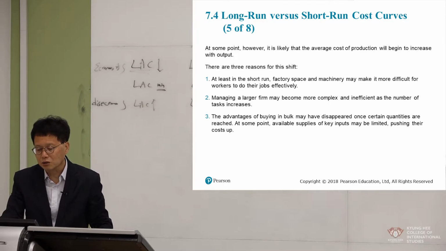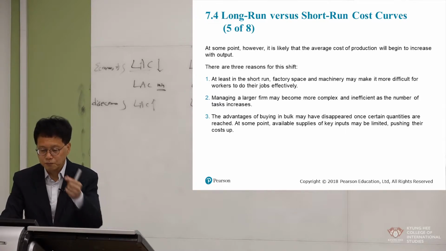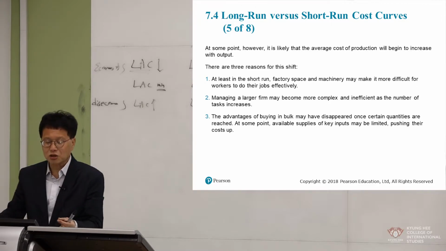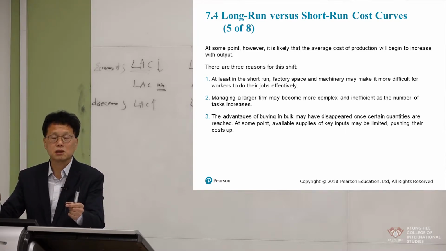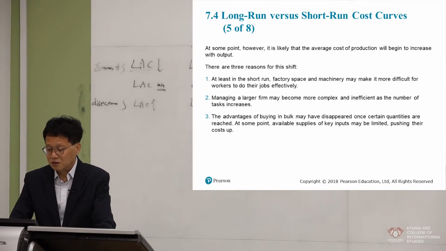Think about a pizza restaurant: one laborer combined with 5 capital ovens to cook pizza. Now you hire lots of laborers, then 100 laborers combined with 10 capital ovens. Lots of congestion problems happen, right? So that kind of thing happens.